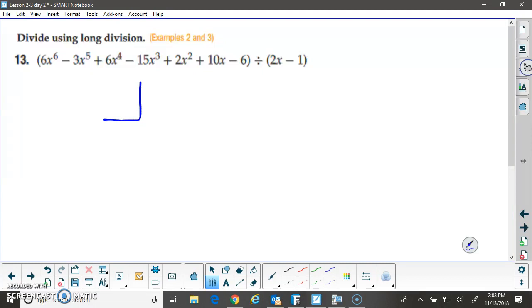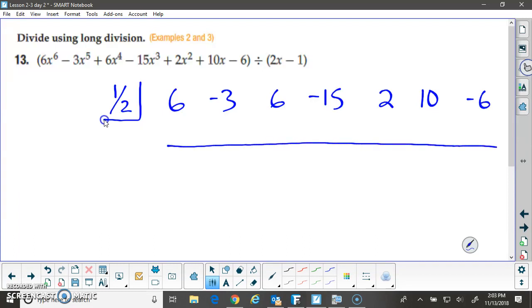If we do this with synthetic division, we have to have a positive 1/2 in the box. If I list out my coefficients, doesn't look like I'm missing any terms.